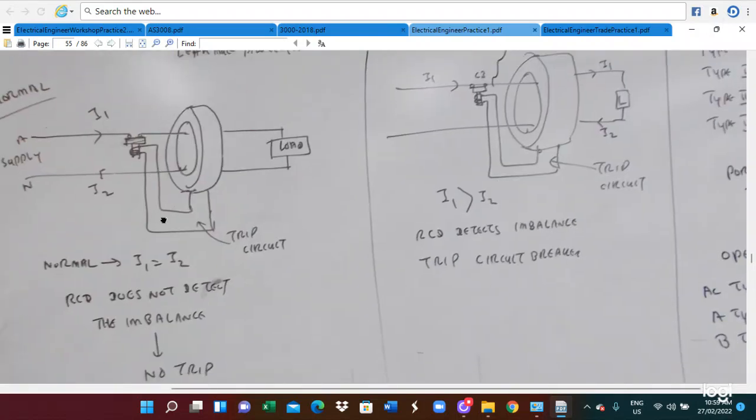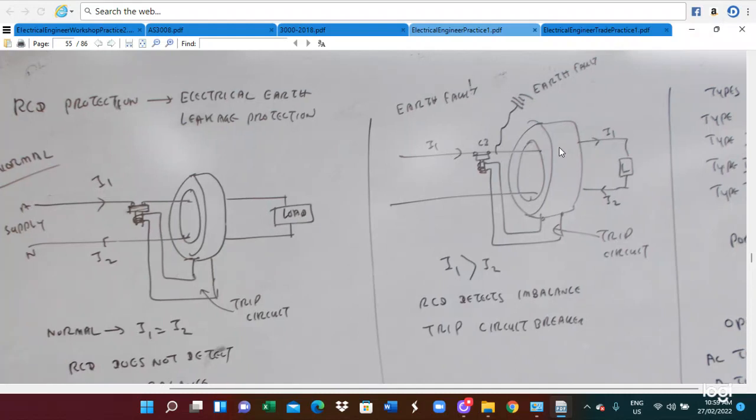But when an earth fault happens, some of the electrical current will flow to the earth. So some of the electrical current leaks to the earth, and I1 and I2 will no longer be equal. I1 is greater than I2, so an imbalance current happens. Here is the I1 current, some current goes to the earth fault, and then I2 is coming back, so I2 is less than I1.